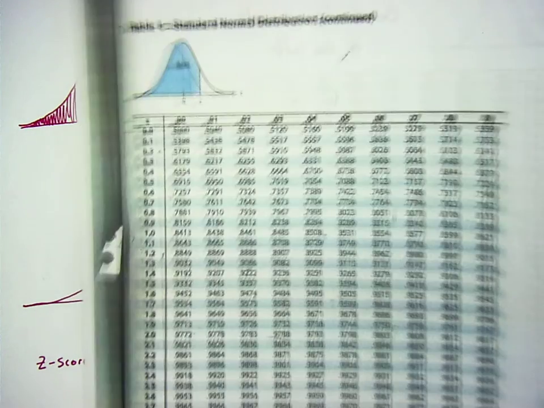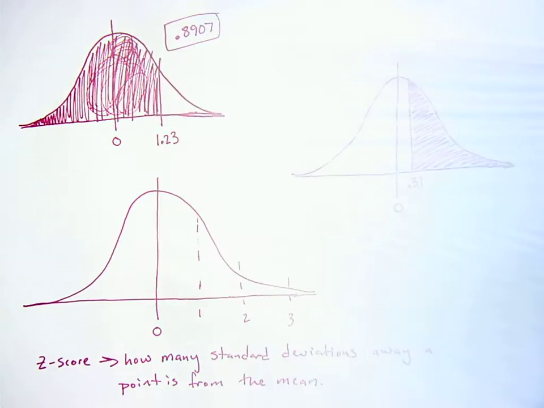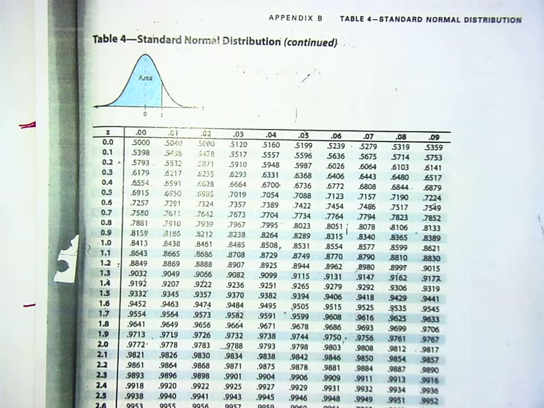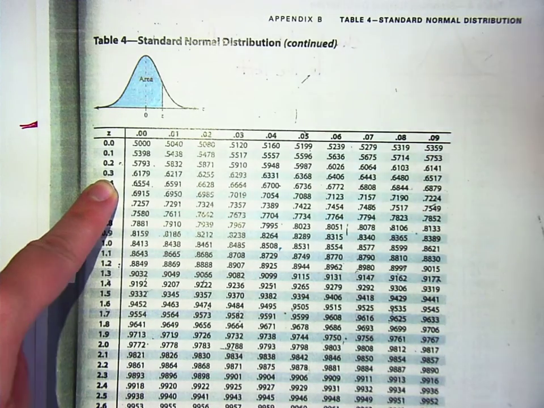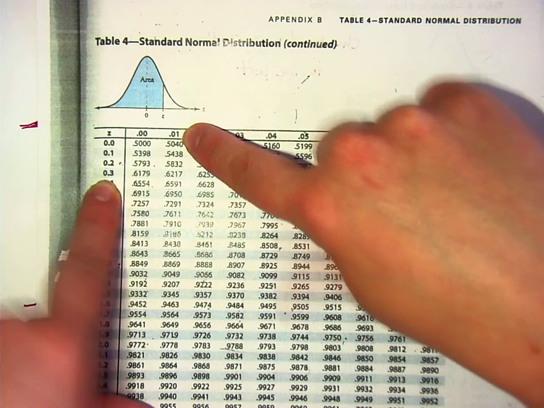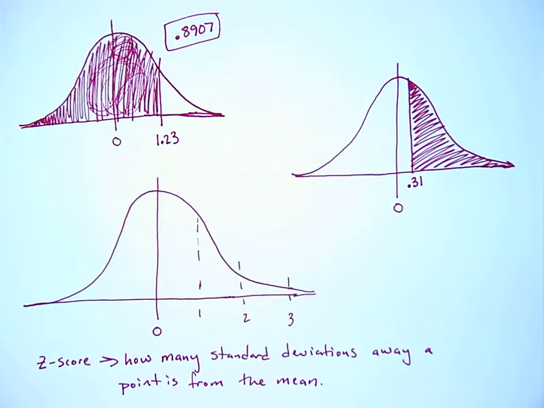What should I put my left finger on for 0.31? Talk to me. Right, it needs to be 0.3, and then 1, and you put them together and you get 0.6217.